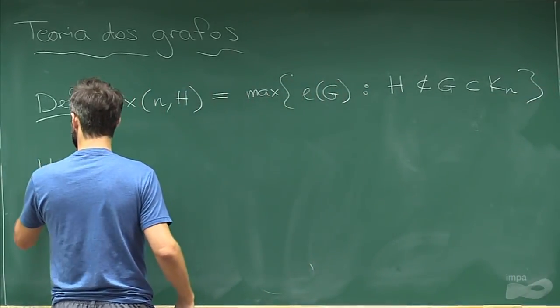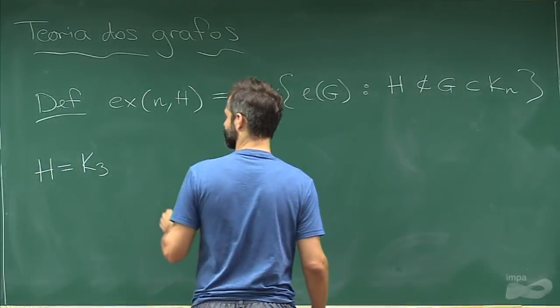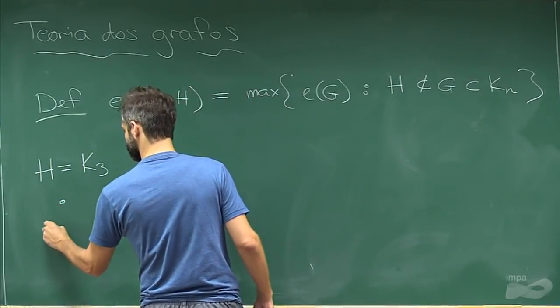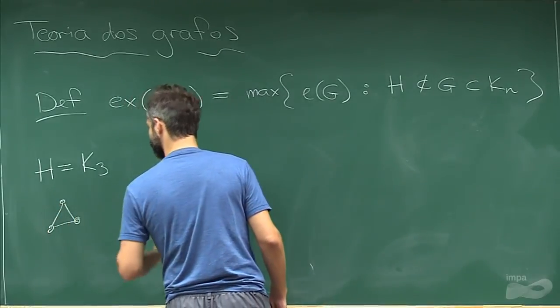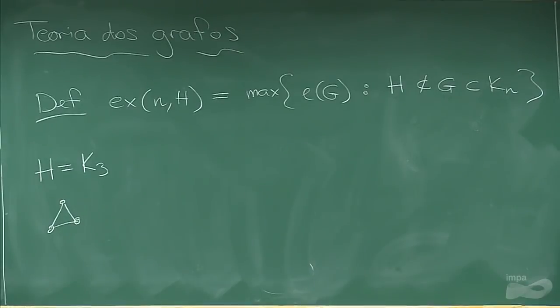Let's let H be the triangle, K3. So what is the extremal number of K3? What's the maximum number of edges in a graph with no triangle?